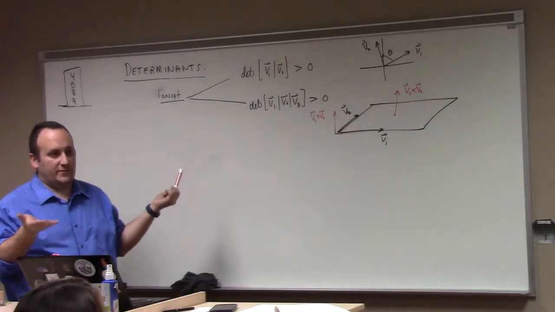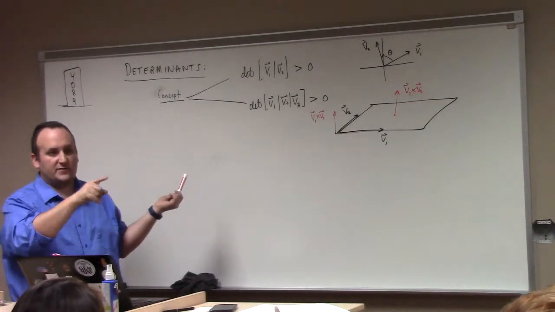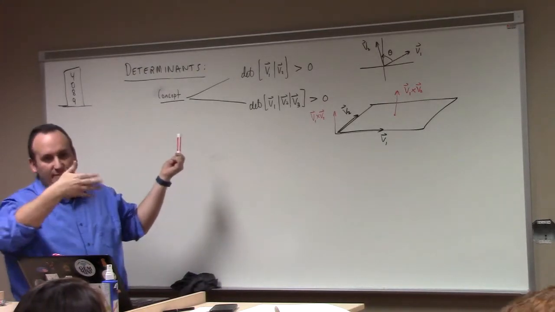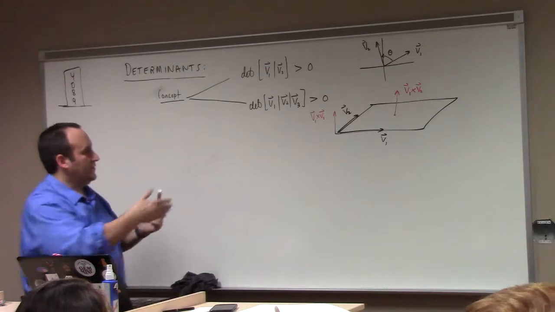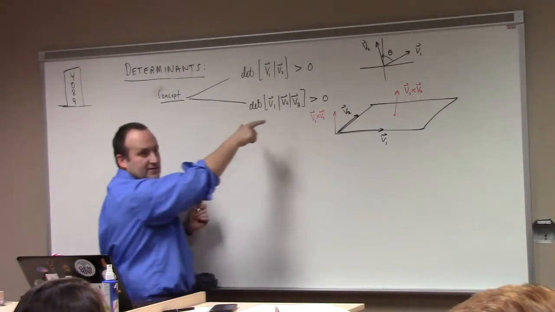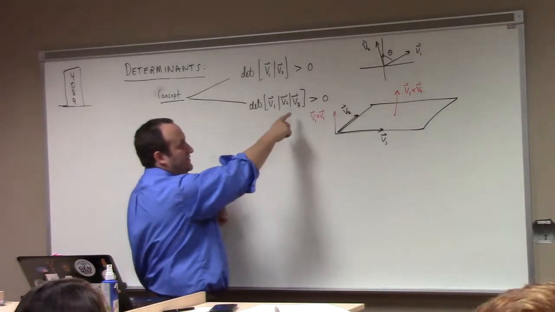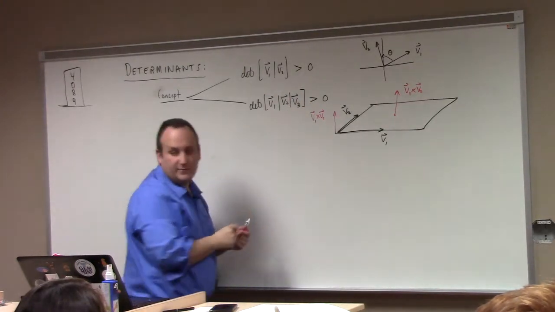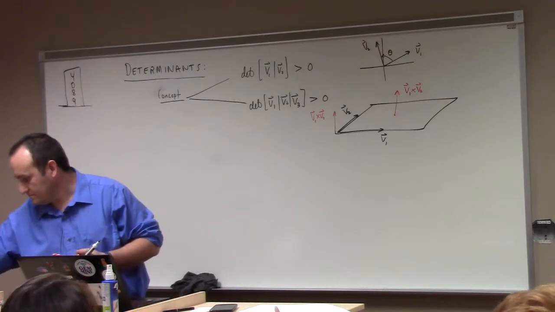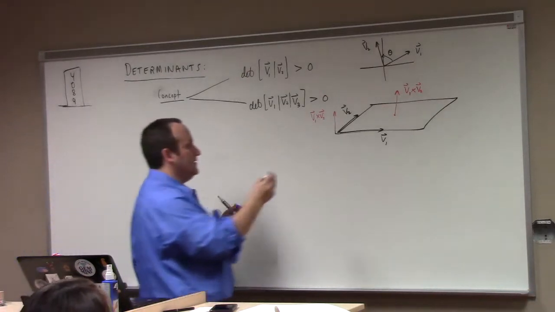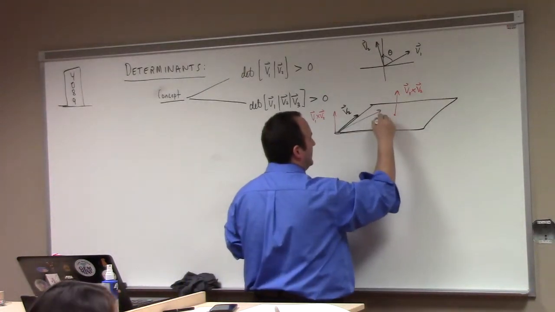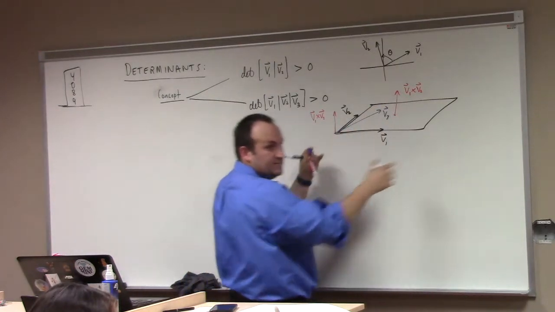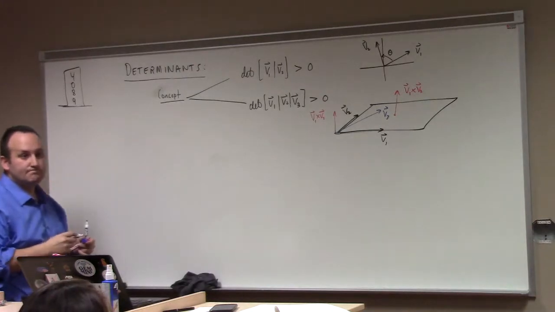It says that if we look at the plane with vectors v1 and v2 tangent to the plane, the top of the plane is given by v1 cross v2. What this determinant being positive says is that v3 is on the upper side of the plane. It means that v3 is somewhere up there. It doesn't have to be perpendicular, of course, but it's somewhere up here. If this was negative, that would mean that v3 is below the plane. That's what the plus or minus means.